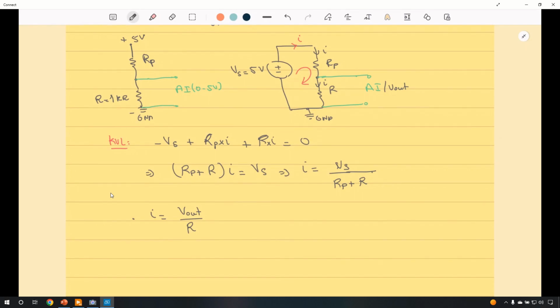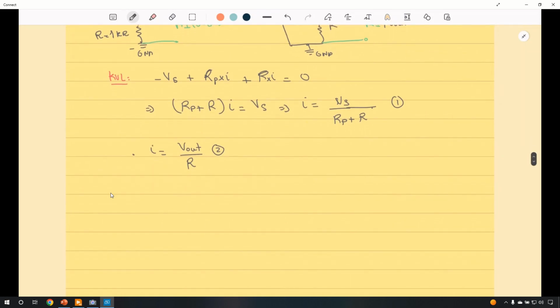So this is equation 1, this is equation 2. Now all we need to do is to replace 2 in 1. And simply, by replacing 2 in 1, we get V out over R is equal to Vs over Rp plus R.